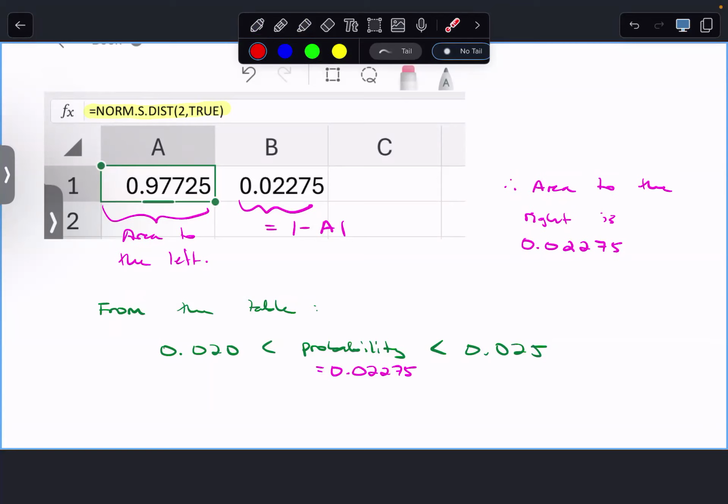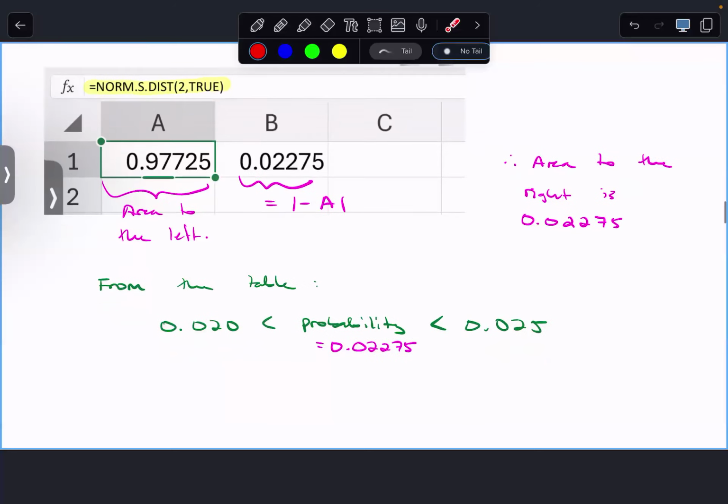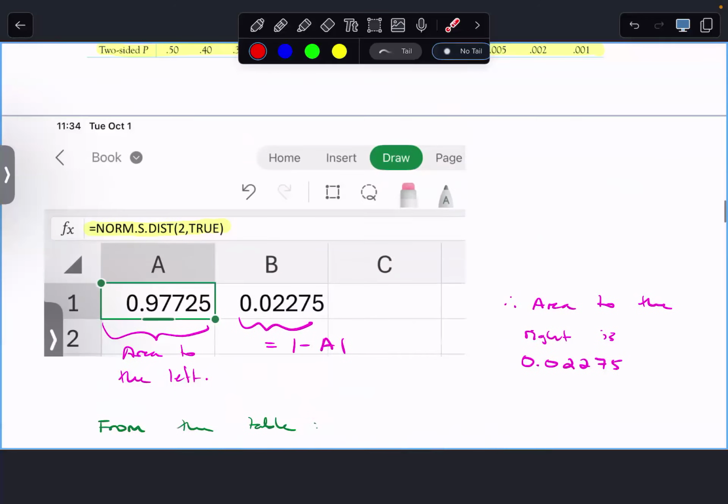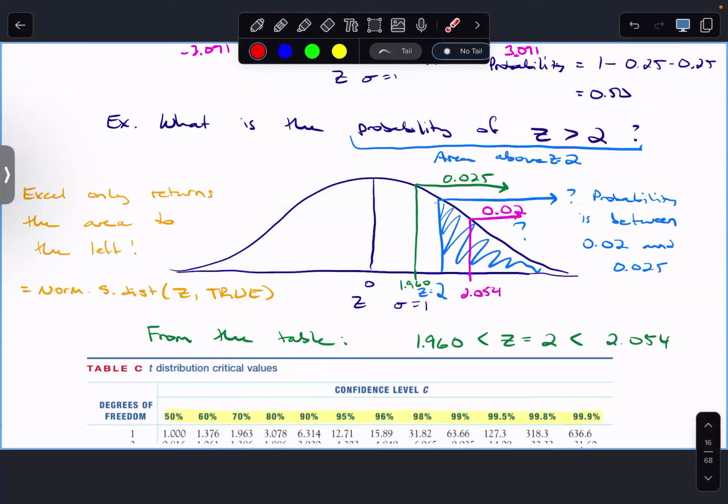Close enough. Right. And so for us, we just need to have kind of a rough idea of the probabilities. And so that's how we're going to use this table. Using the table requires a little bit of work, a little bit of practice to begin with.